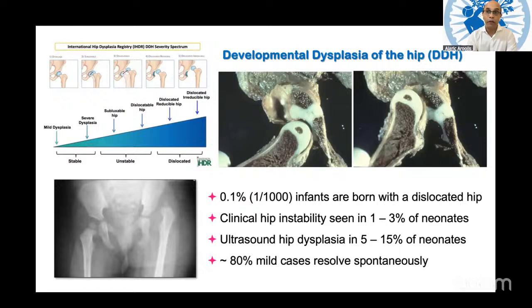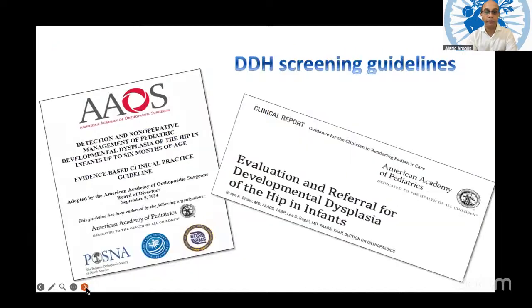And if you actually do hip ultrasounds in these children early enough, you can find dysplastic changes in about 5 to 15% of neonates. So it's a really high incidence, but the good news is that more than 80% of these unstable or dysplastic hips should resolve within the first 6 to 8 weeks of the child's life.